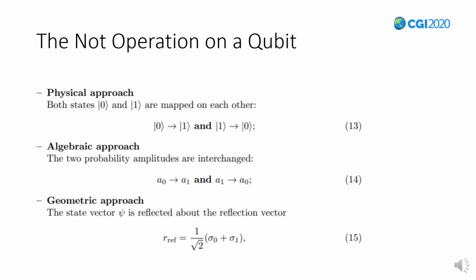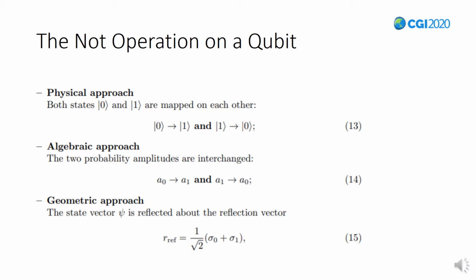And what about the geometric point of view? In order to realize the NOT operation, having the two states 1 and 0, here they are the sigma 1 and the sigma 0.